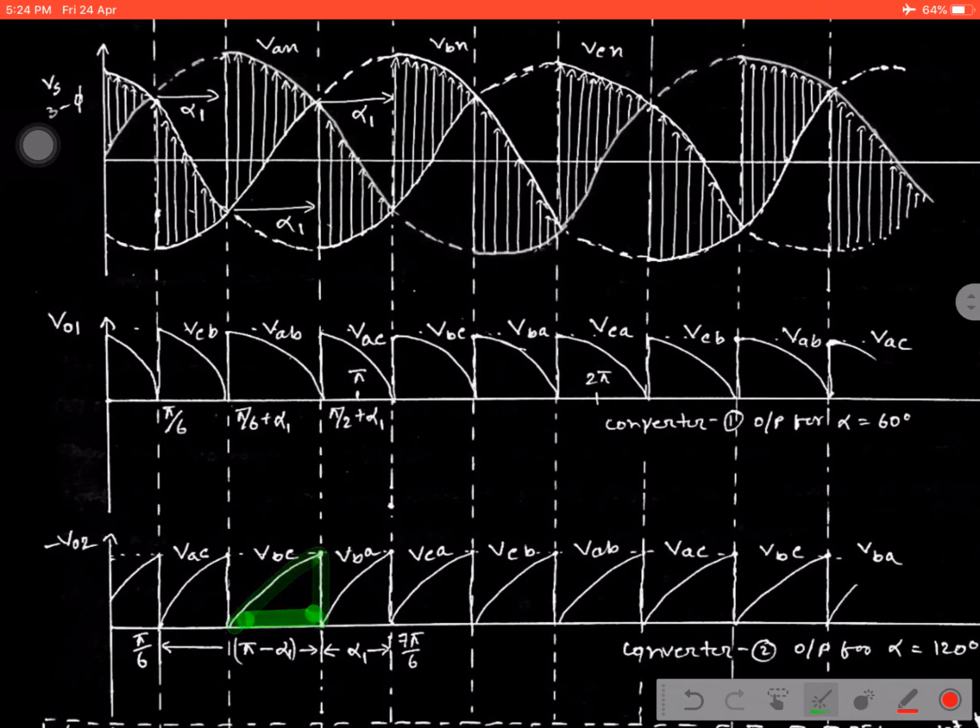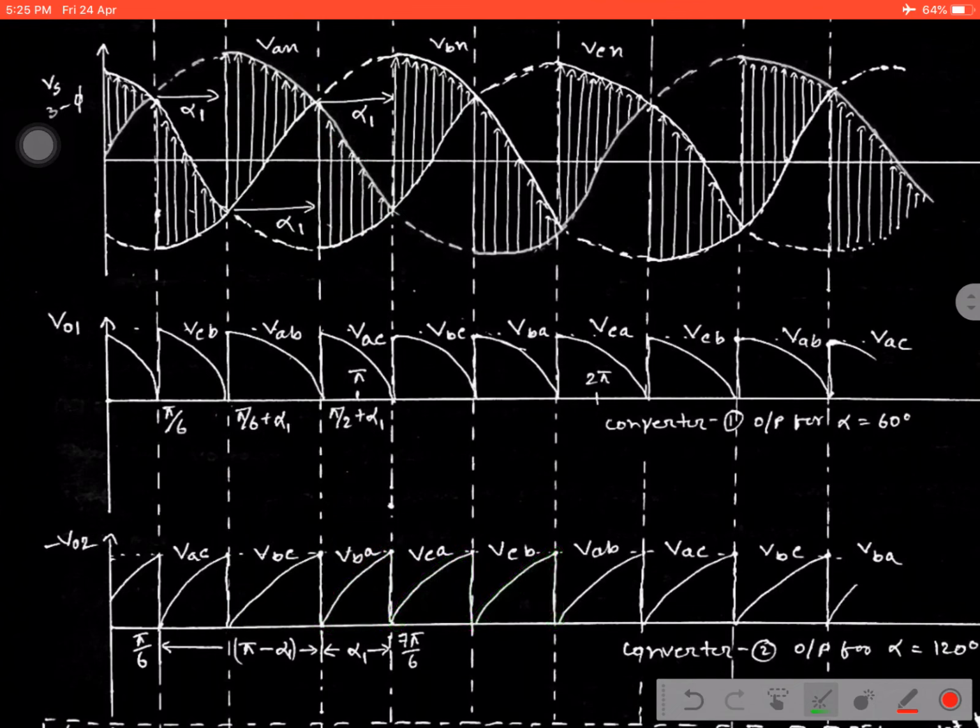Similarly for the next case, for the second converter, the voltage appearing across the load should be VBN, phase voltage, minus VAN, that is VAB. Similarly, all the cases we can consider this is the voltage pattern.